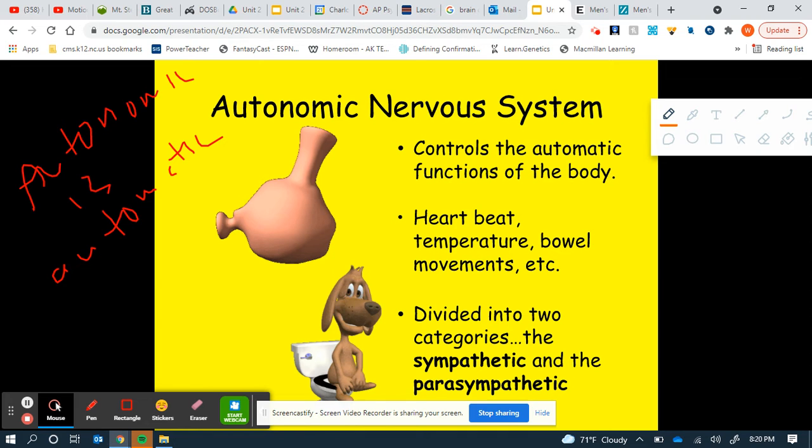We can speed up our heart rate if we want to by exercising and whatnot. But these are the things that happen just pretty much automatically throughout the day, right? Controlling our heartbeat, controlling our body temperature, controlling bowel movements, things like that. So things that we do not usually have any conscious awareness or conscious control over.